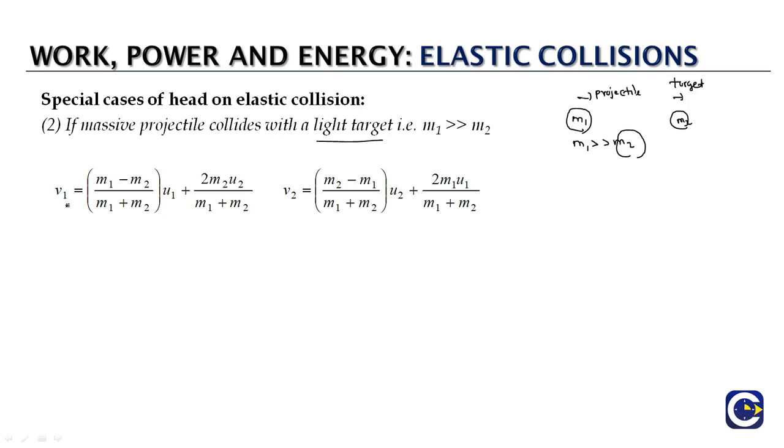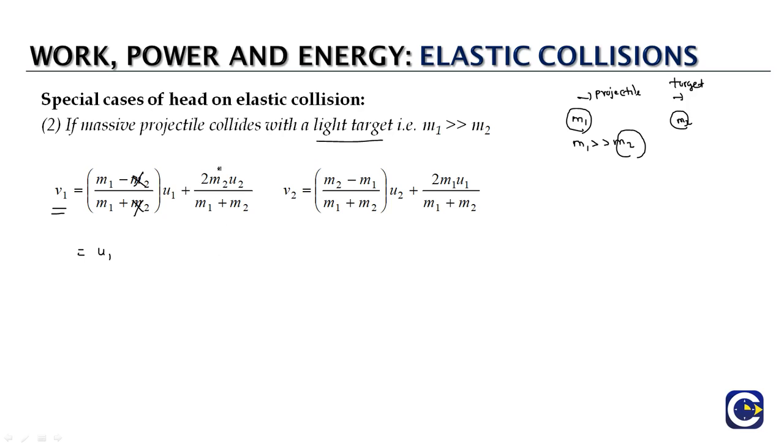So let us look at the velocity of the projectile, which is the first particle, after the collision. In this formula, since M2 is very small, we can neglect the value of M2 here and here. So the first term would simply become M1 by M1 into U1, which is U1.